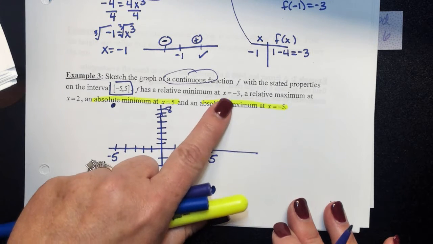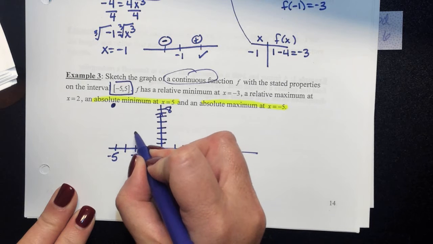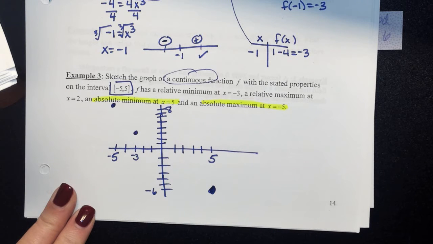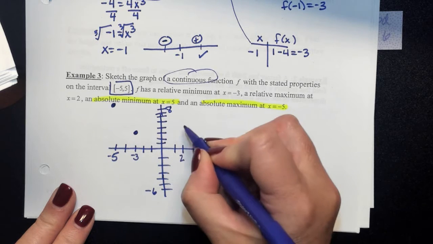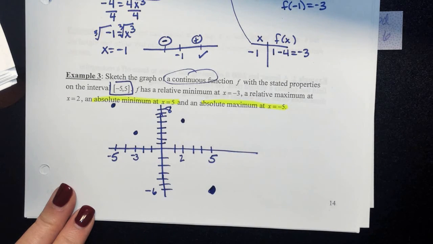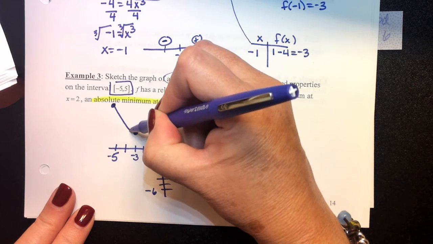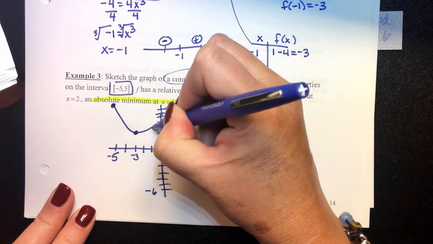Now I have a relative minimum at x equals -3, so I'm going to put a point somewhere at -3, and a relative maximum at x equals 2. To be a minimum, it's going to have to take a turn at -3 and come back up.